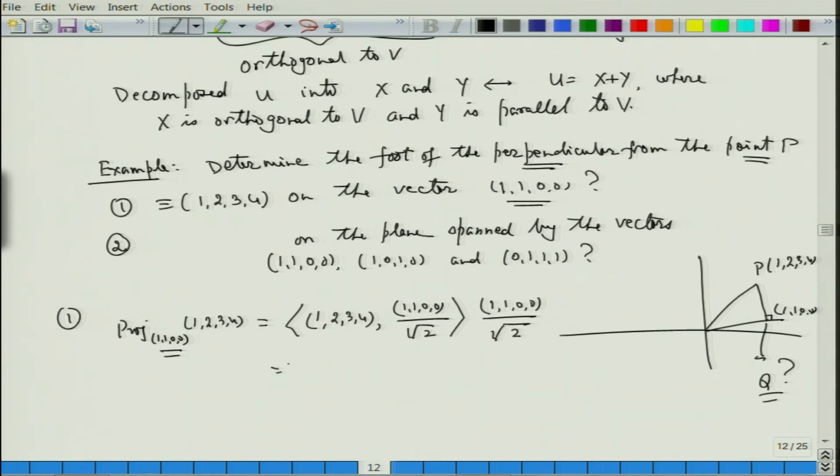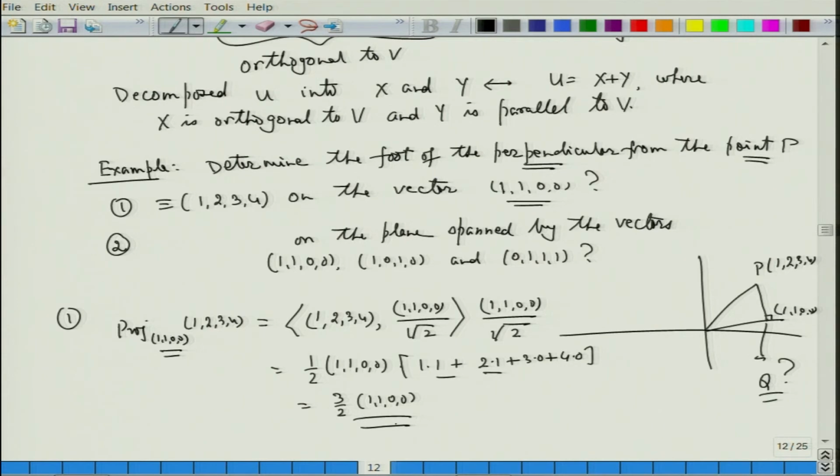So this is same as root 2 gets multiplied, it is half 1 1 0 0, and the inner product of these two is nothing but 1 into 1 plus 2 into 1 plus 3 into 0 plus 4 into 0, which is same as 2 plus 1 is 3. So 3 upon 2 times 1 1 0 0. Is that okay? So this is the foot of the perpendicular, that's what we are asking for.